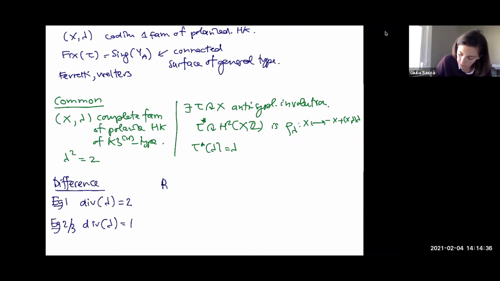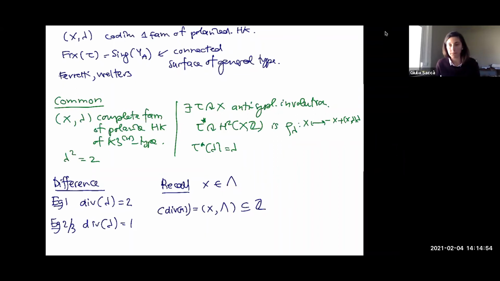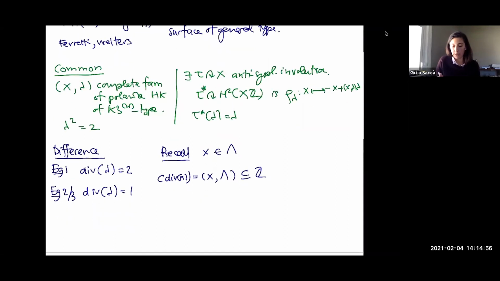And so let me remind you that if I have a lattice and an element in the lattice, I can look at the ideal in Z generated by intersecting x with all the elements in the lattice, and the divisibility of x is the positive generator of that ideal. And so in particular, if the class has square 2, the divisibility has to divide 2, so it's either 1 or 2.